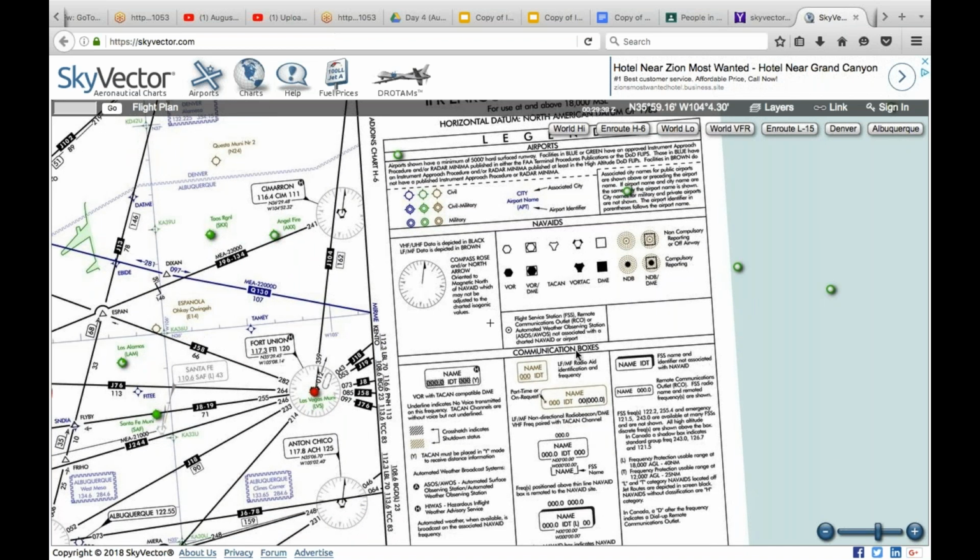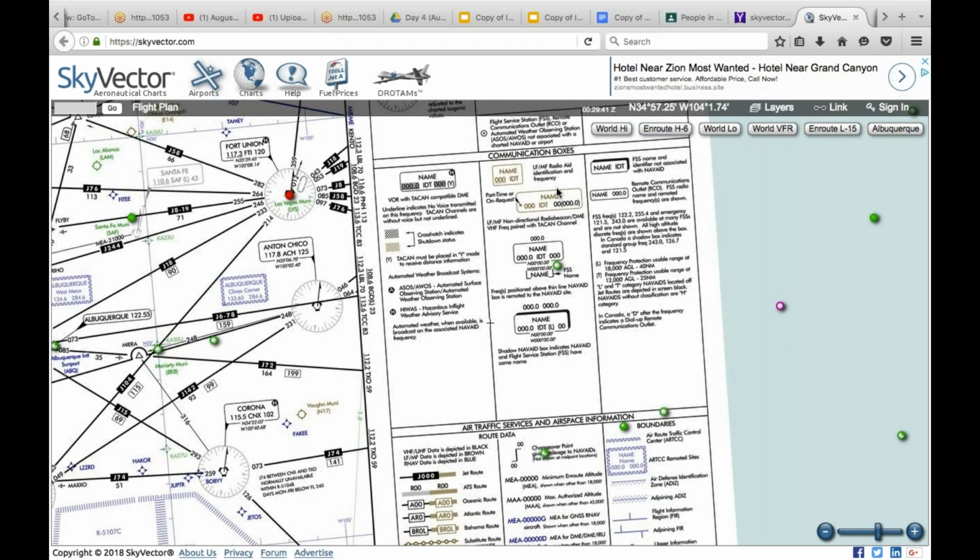Communication boxes. Basically, this key will break down every single part of the map. All the symbols you see, everything, and give you a ton of information on it.